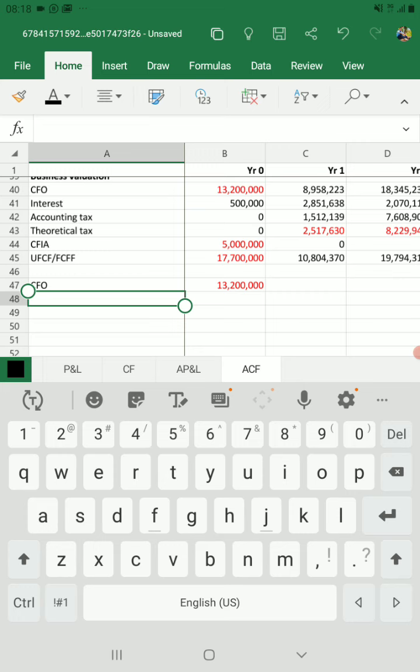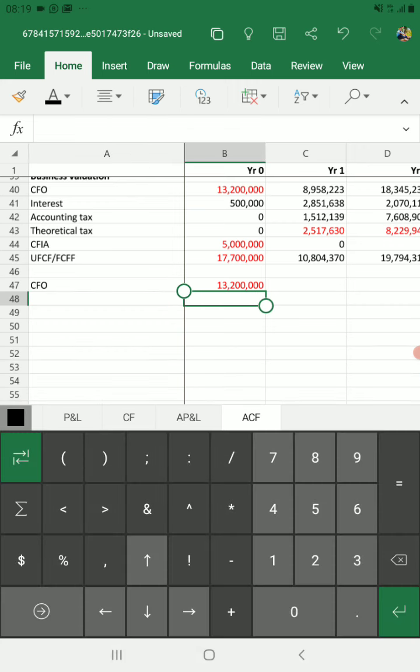Because the interest payment has a tax shield, and that tax shield provides additional cash flow to the business. So while we are doing this valuation of unlevered free cash flow, we need to deduct the interest component that is after tax adjustment.